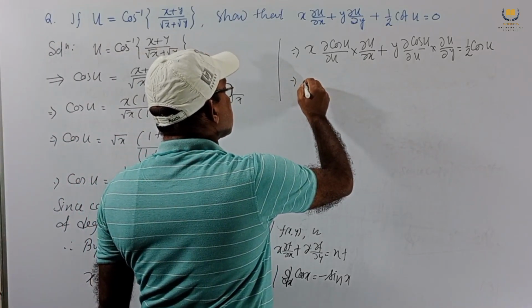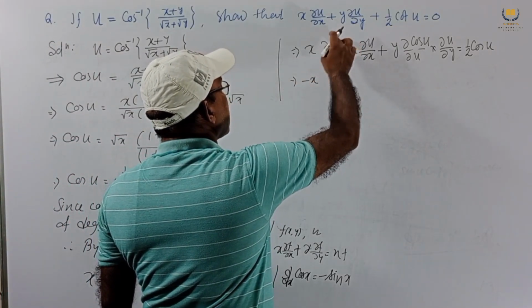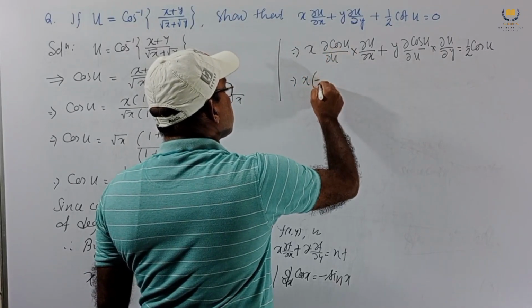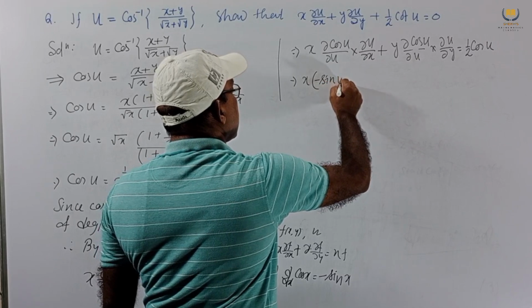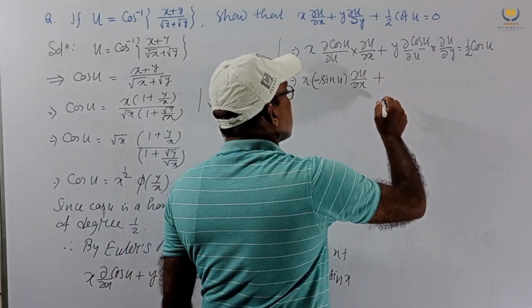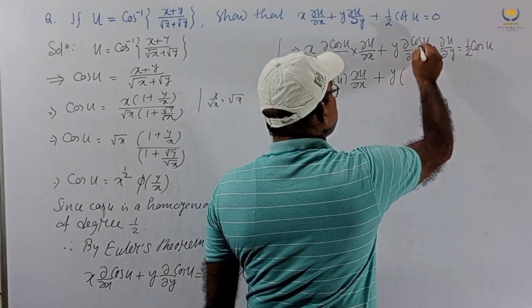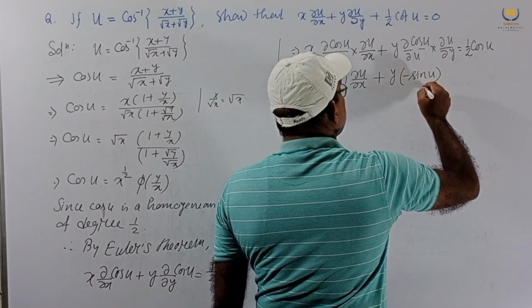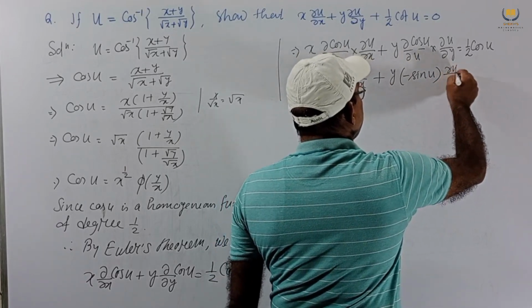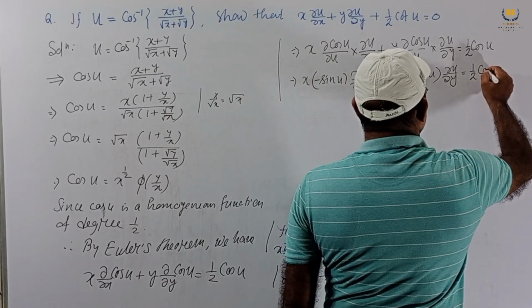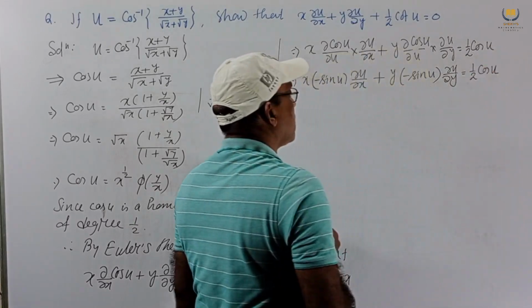This is x times the derivative of cos, which is minus sin u ∂u/∂x, and y times the derivative of cos, which is minus sin u ∂u/∂y, equals 1 by 2 cos u.